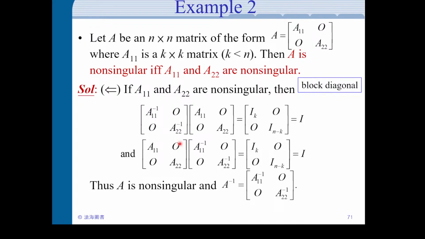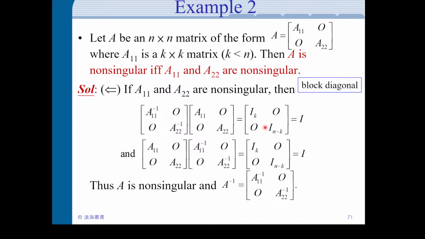Okay, and here is a quick proof. If both of them are non-singular, then we can write A-1 as also a block diagonal matrix. So A is this A11 block and A22 block, and if you put A11 minus 1 and A22 minus 1 here and multiply together, then by the block multiplication rule, it will be A11 minus 1 times A11, which is identity, and this block will be A22 minus 1 times A22, which is also identity.